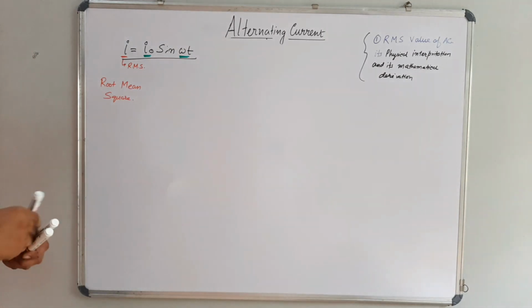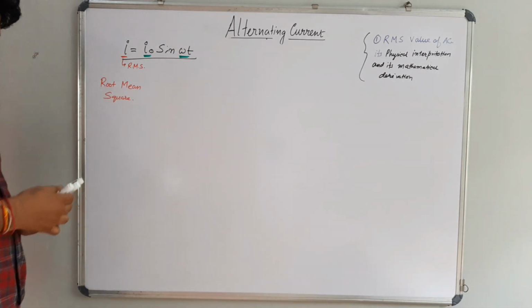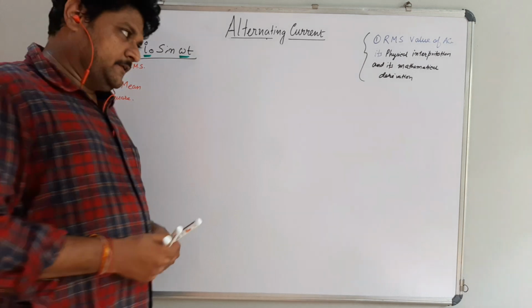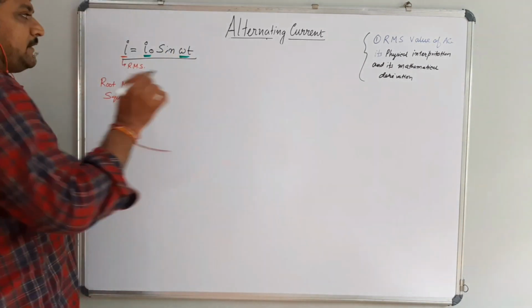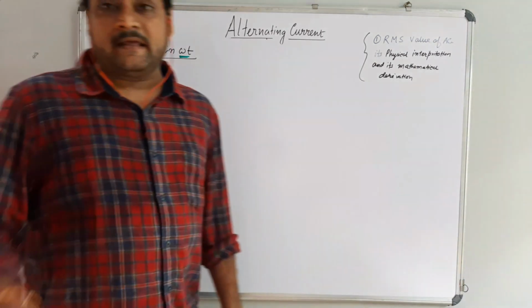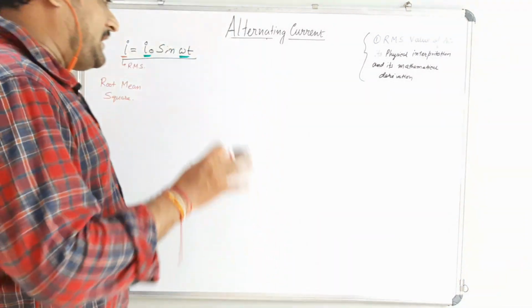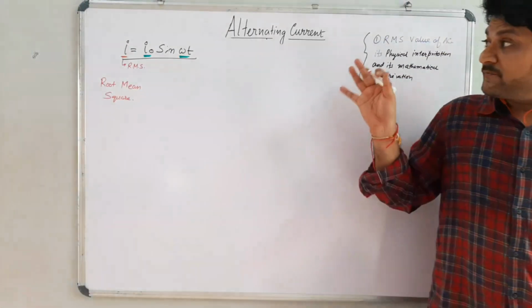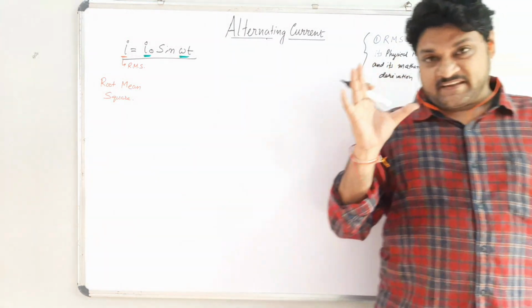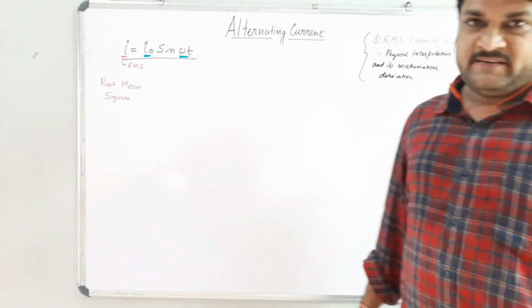So how can the RMS value be physically interpreted? What does this RMS value mean? The RMS value is the effective value that we use in our household AC circuit. It means the value which produces the heat across the resistor.